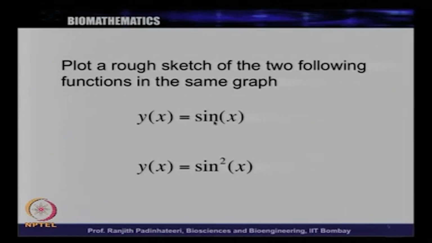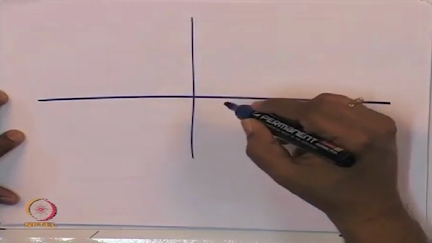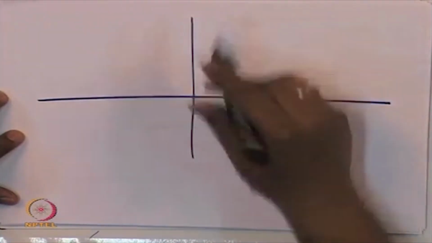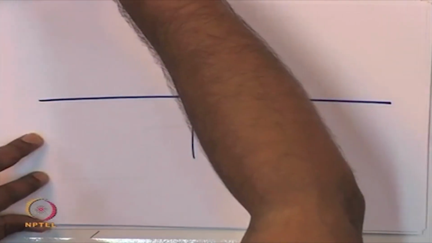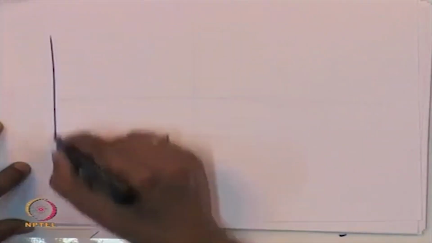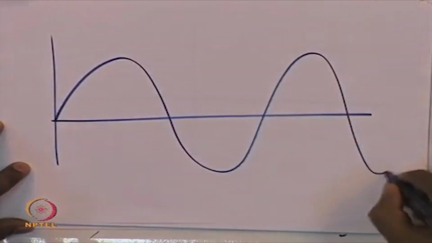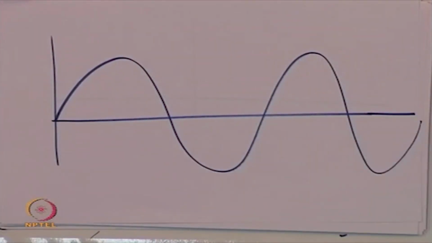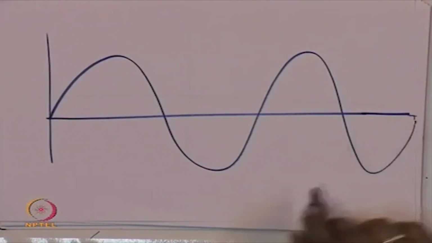When we say sin x, we immediately know how this graph looks. Let me draw this a little more carefully here in a different plot. Sin x typically will look like this, starting from 0, an oscillating function.